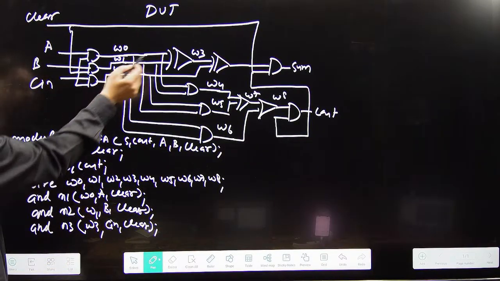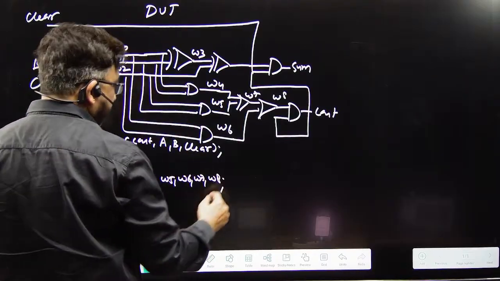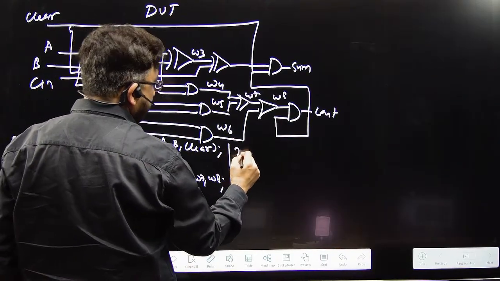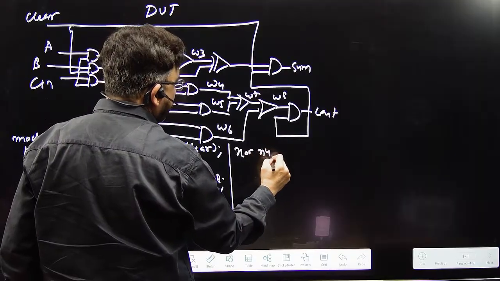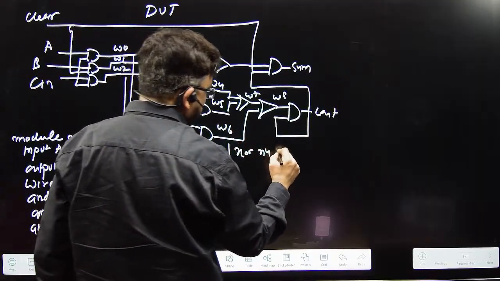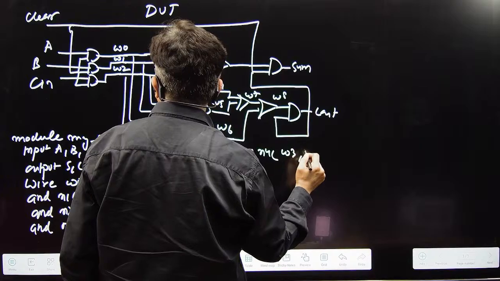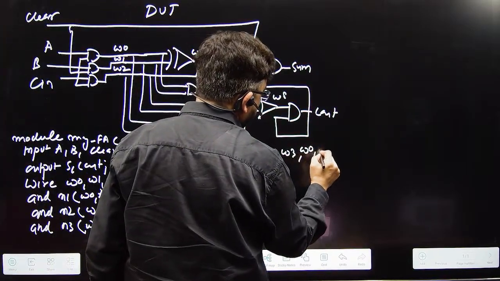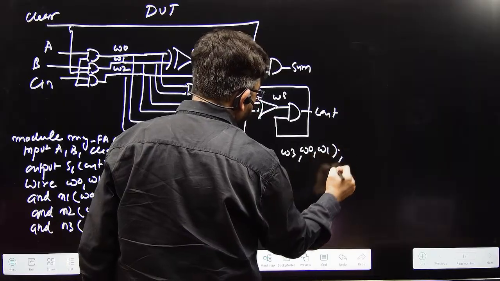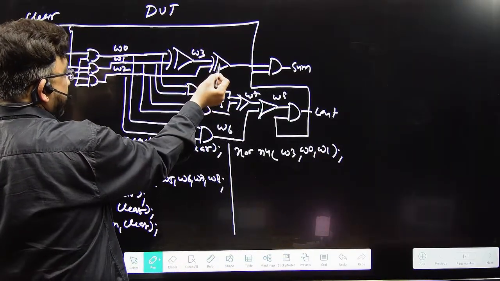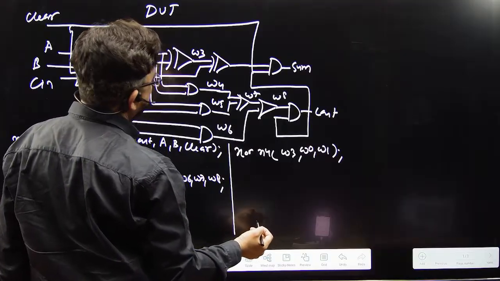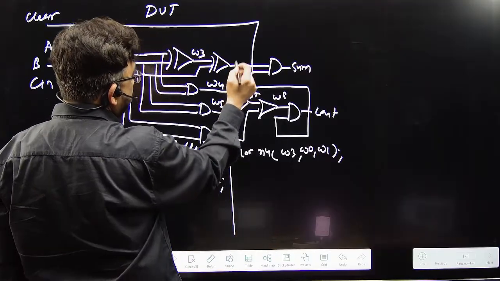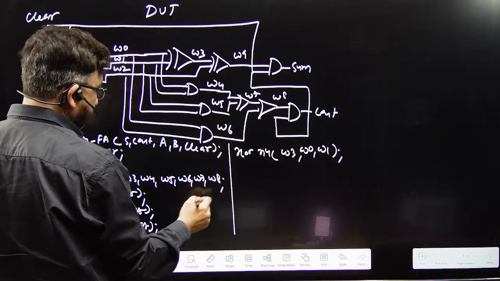Correct. Now this XOR N4, W3, and we have W0 and W1. Then we have this again XOR. And actually we have W9 also, right? We have to write W9.